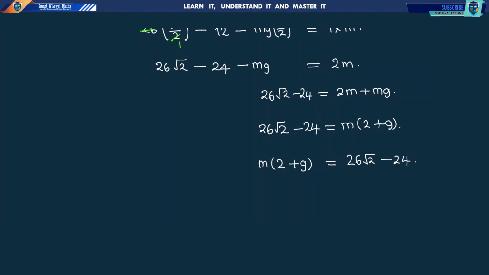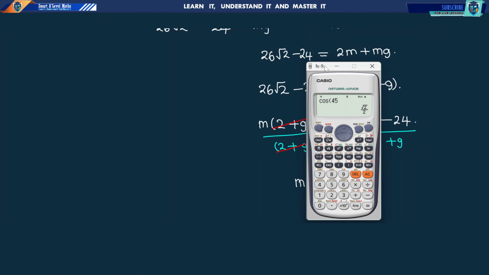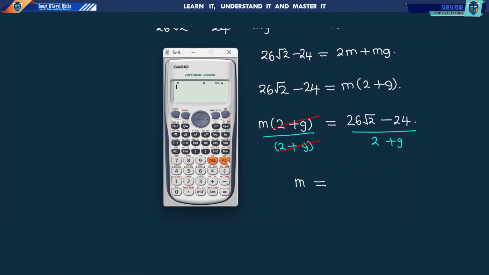Now dividing both sides, we would have here 2 plus g, also 2 plus g, and our 2 plus g will disappear from the left hand side. Therefore we're going to have only m from the left hand side equals, so for this one we can enter everything into a calculator to see that our answer will be exactly the same as what has been given before.